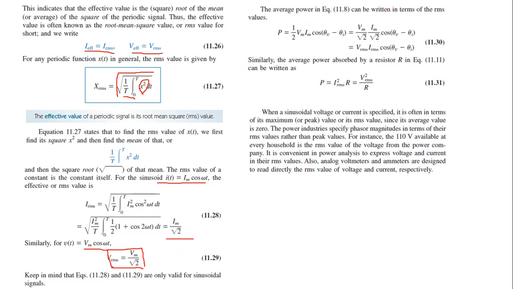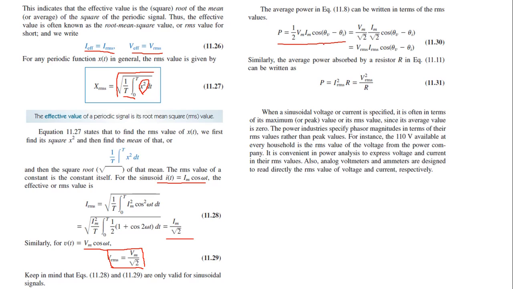Now let us calculate the value of average power. This is the formula for average power which we saw earlier: average power P is equal to 1 by 2 Vm Im cos of (theta v minus theta I), where theta v and theta I are the phase angles of voltage and current respectively.